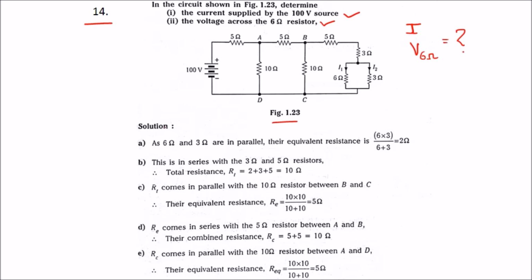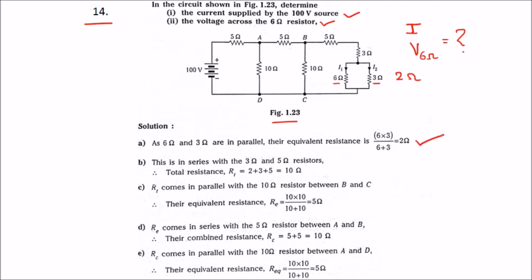So first we need to find I. That can be found from the equivalent resistance. First we find the equivalent resistance of the parallel combination of 6 ohm and 3 ohm, which would be 2 ohm.